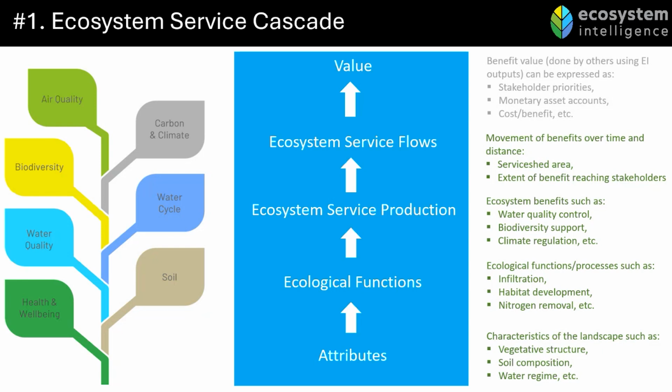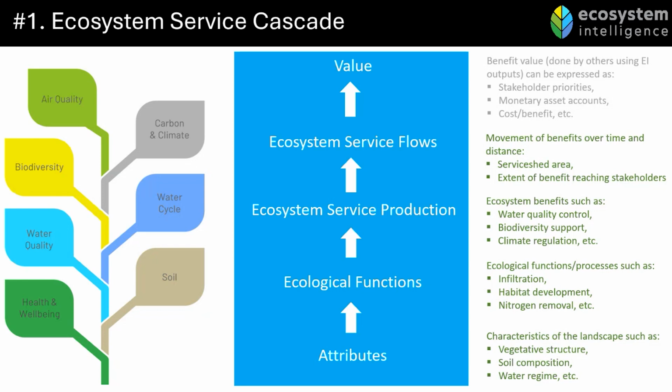So to that end, we have grouped the ecosystem services into a number of buckets that can be used for reporting purposes. That's just for the convenience of the user, but that doesn't mean that you're limited to that.